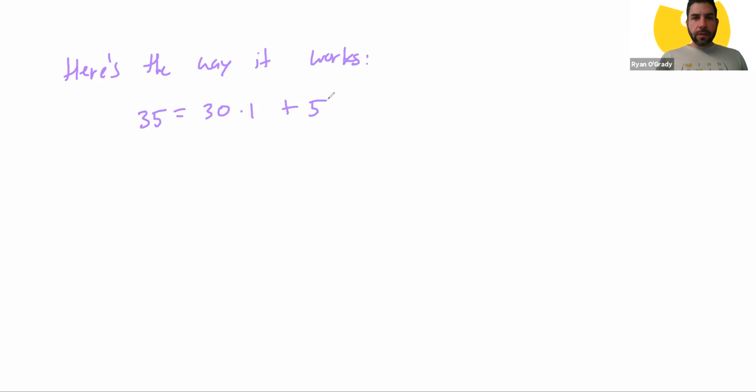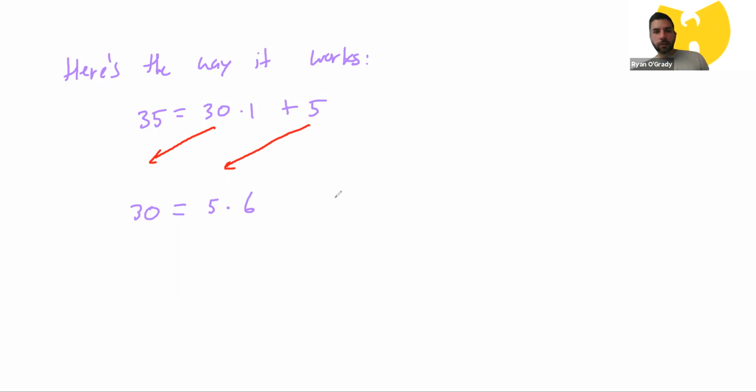Then, and this is very similar to what we did the other day, I'm going to take this number and put it here, and I am going to take this number and put it in this position. And so now I'm going to say that 30 is equal to 5 times what? And 30 is equal to 5 times 6, correct?